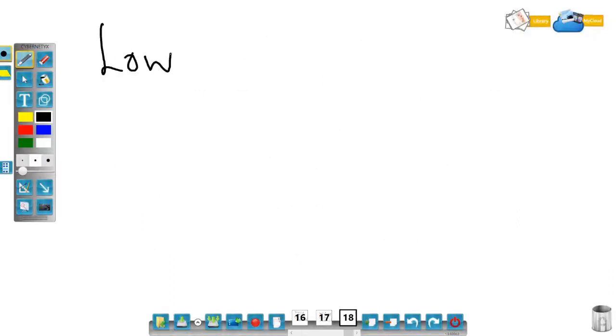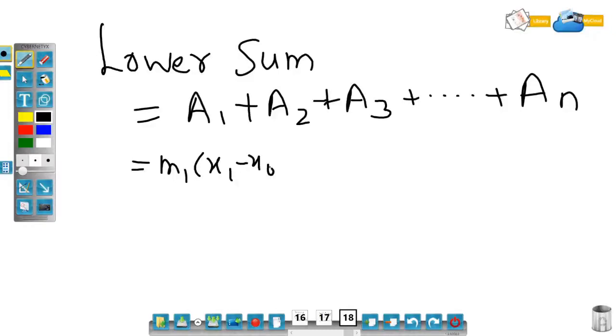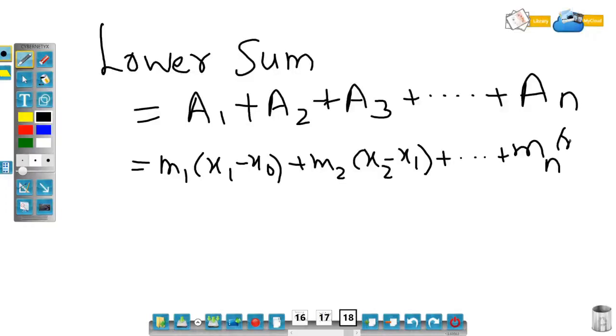Lower sum is equal to a1 plus a2 plus a3 plus dot dot dot an, which is the same as small m1 times (x1 minus x0) plus small m2 times (x2 minus x1) plus dot dot dot, the last term small mn times (xn minus xn-1), bracket complete, which I can write in a compact form.